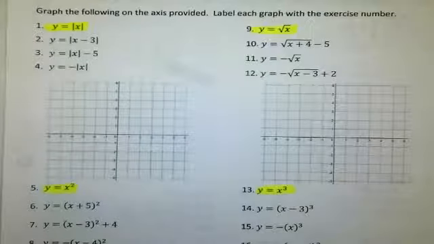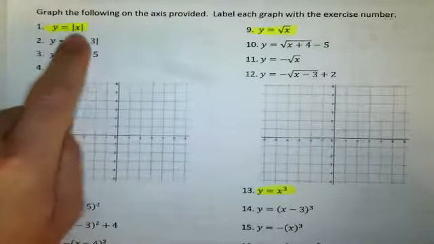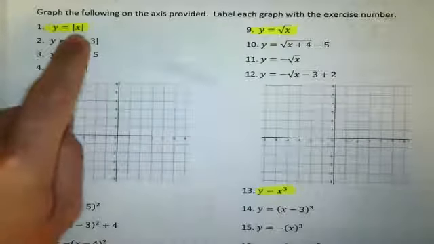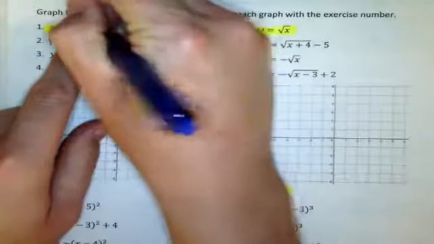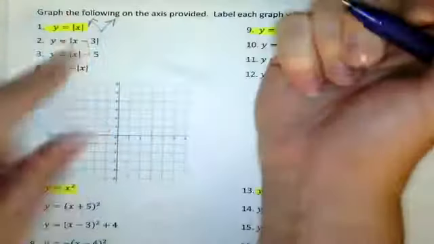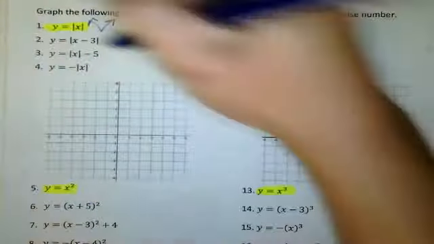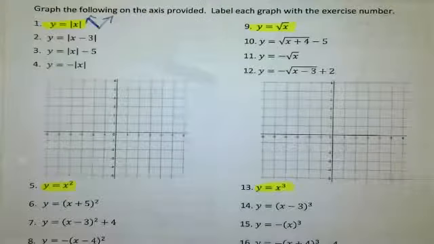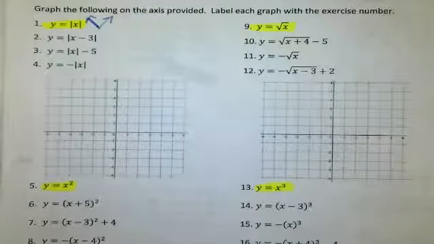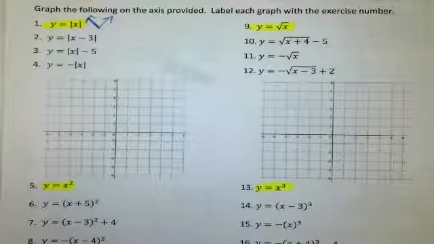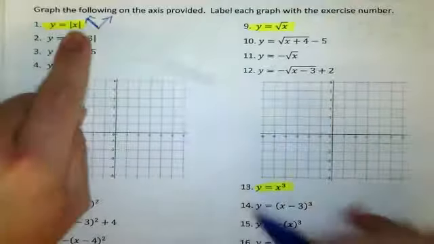Does anyone know what the absolute value of x looks like? It's a V. Absolute value V. Yes, always. If you didn't know what something looked like, how do you graph without a calculator? You plug in numbers for x. So we would plug in +1.